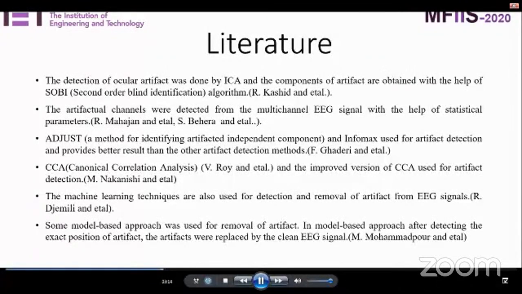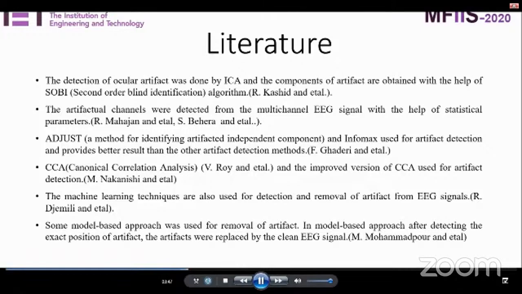In the literature review section, some of the algorithms or methods used for detection of artifacts from the EEG signal are independent component analysis, and artifacts obtained with the help of second order blind identification, and also some statistical techniques used with independent component analysis to detect the artifact.